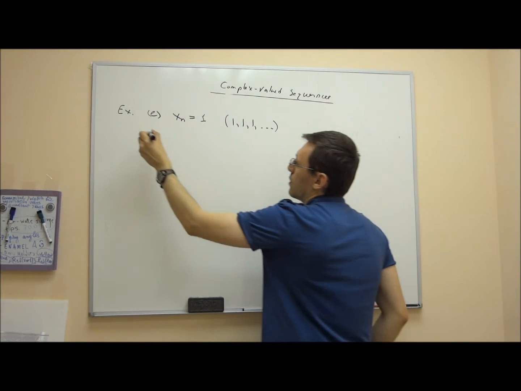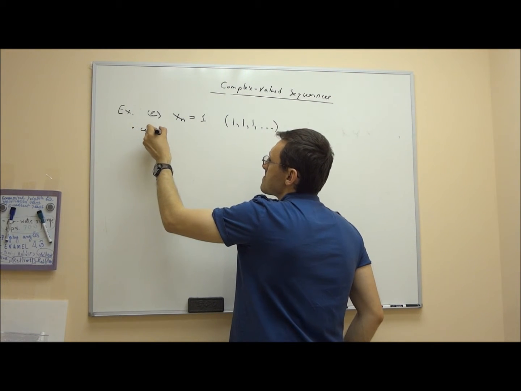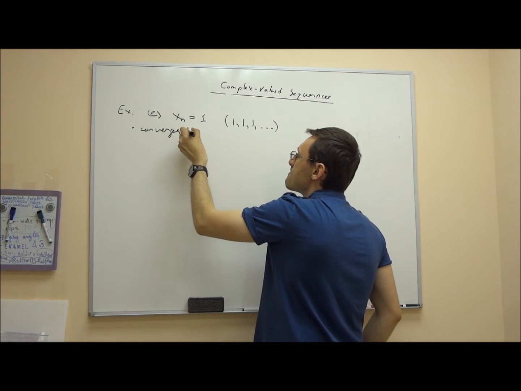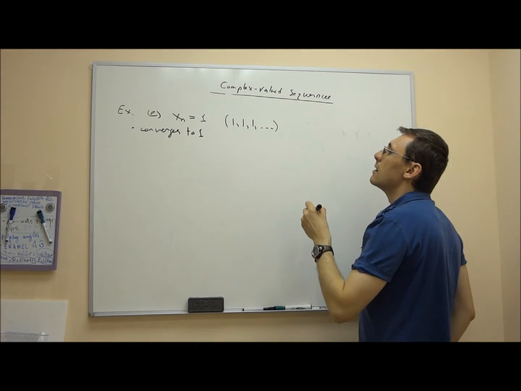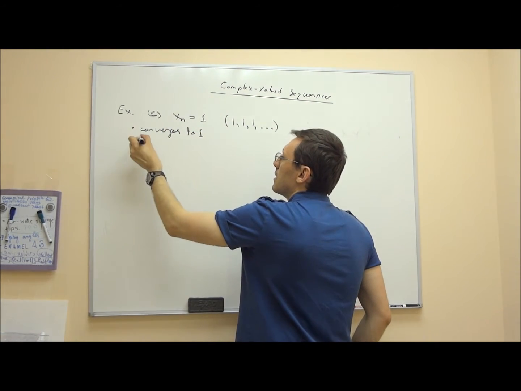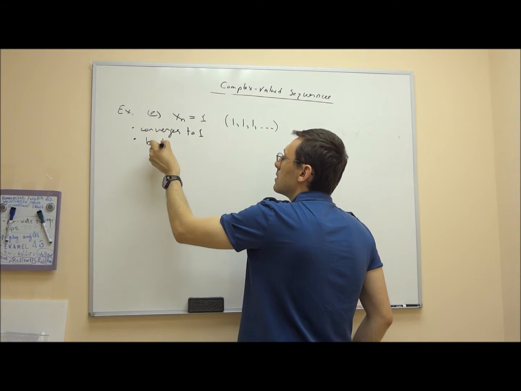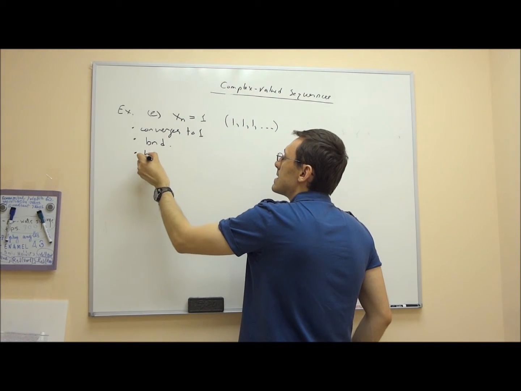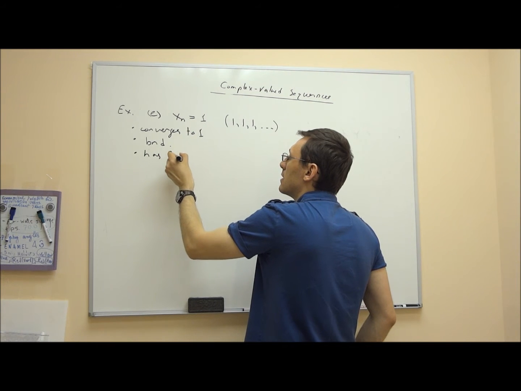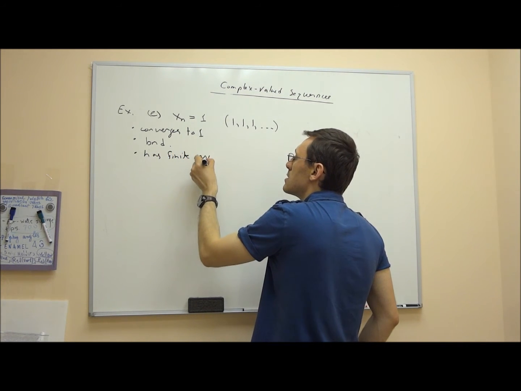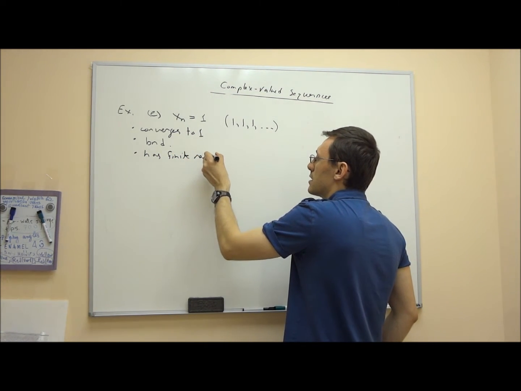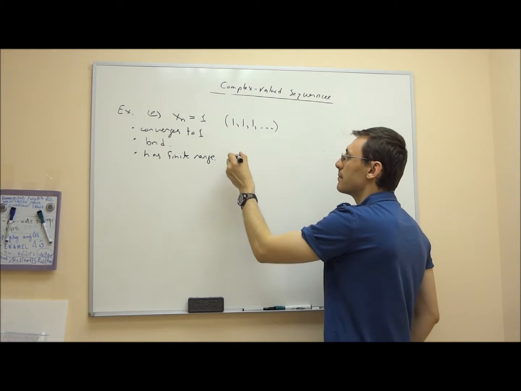So the sequence is convergent. It is clearly bounded and has finite range. In this case, the range is just a singleton point 1.